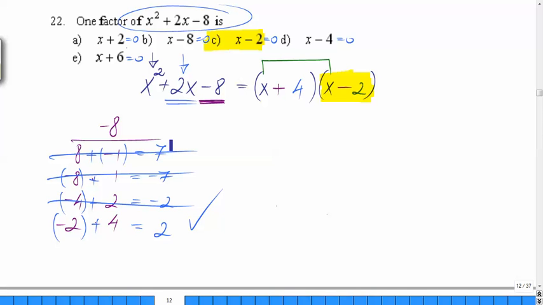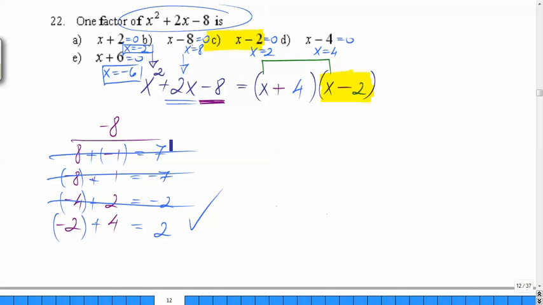So for a, x equals negative 2. For b, x equals 8. For c, x equals 2. For d, x equals 4. And for e, x equals negative 6. Okay? So basically for this value, your trinomial should be 0.